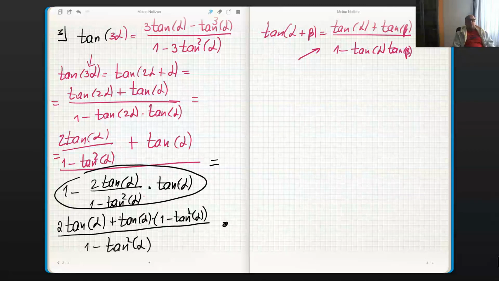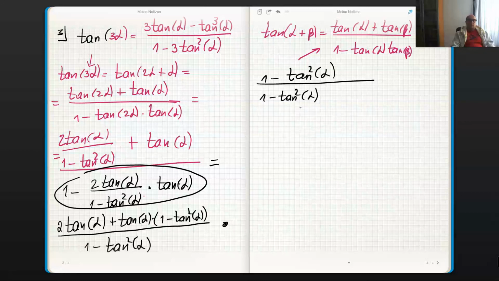And we are multiplying times the reciprocal of this result. So let's see what we're doing. Well, we're having for sure 1 minus tangent squared of alpha in the numerator. What do we have in the denominator? Well, we have 1 minus tangent squared of alpha, and then we're having minus in here, and we're multiplying them together, so minus 2 tangent squared of alpha. I can cross cancel those two. It's getting slightly easier.